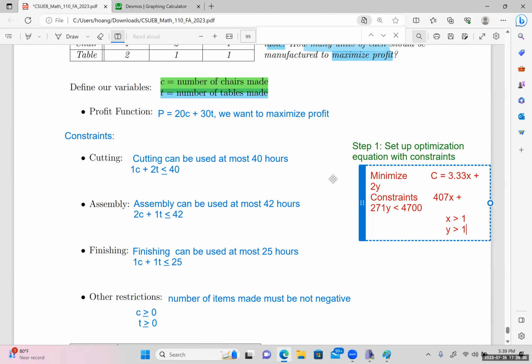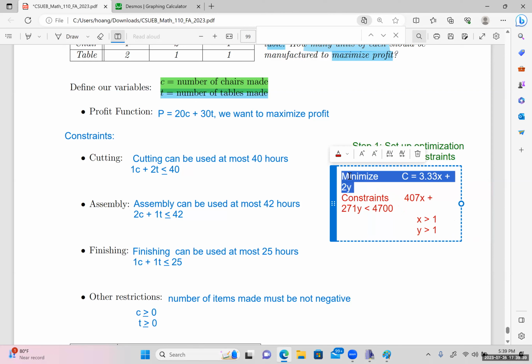I want to maximize, not minimize, right?